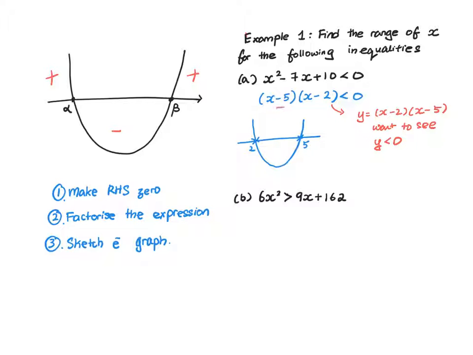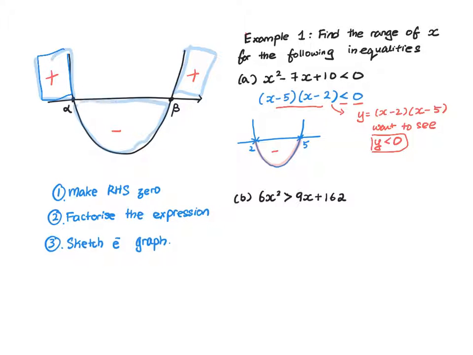Where is the region where y is less than 0? That will be the portion that is underneath. The graph underneath will be the negative region, less than 0, and the one above will be the positive part, which is more than 0.